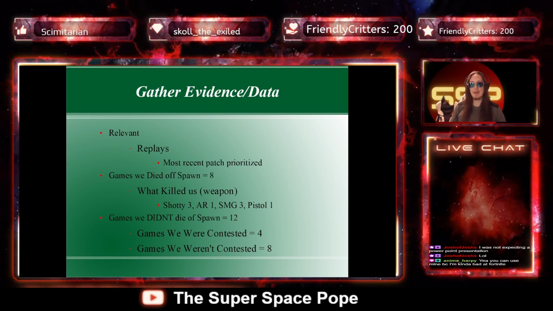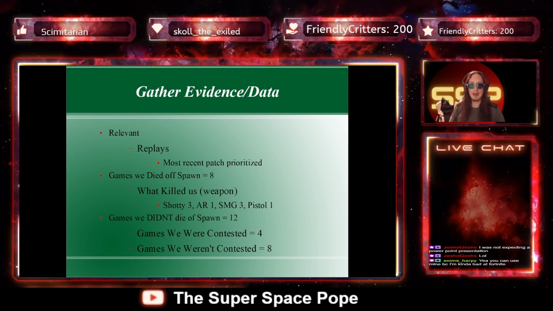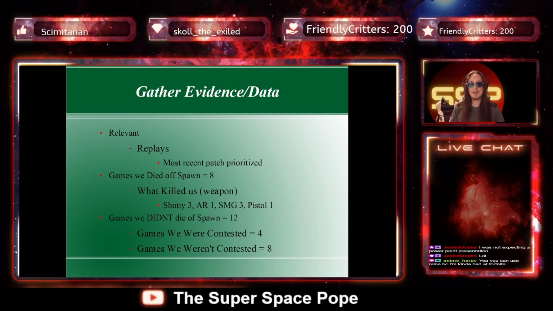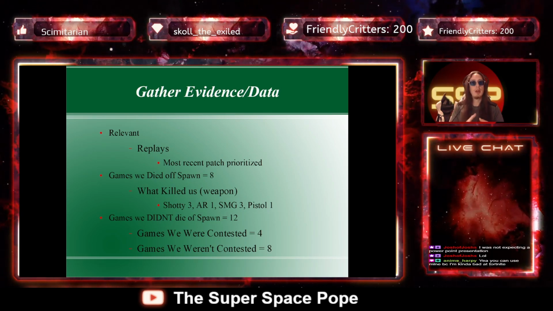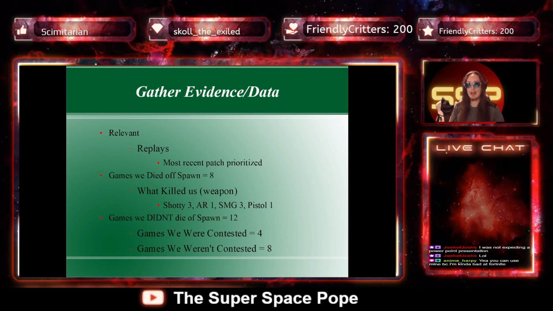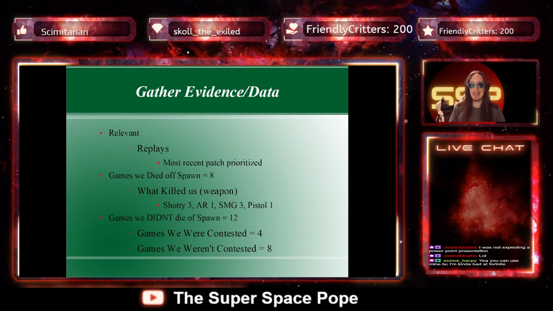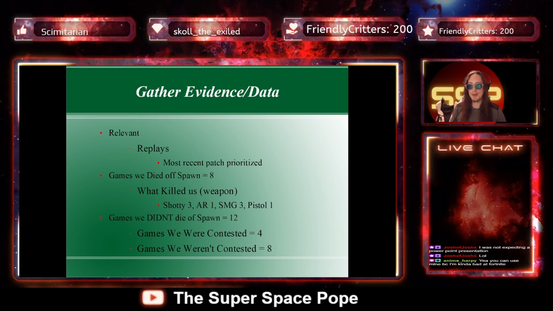Or if you're a pubs player specifically, we want pubs stuff, right? Because that's the framework, that's the relevancy. So we try to stay constrained in scope, both in time, so within the relevant patch, and then also the relevant game mode and other ways, right?